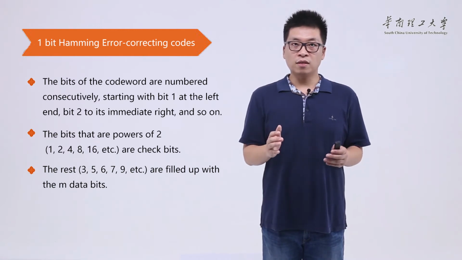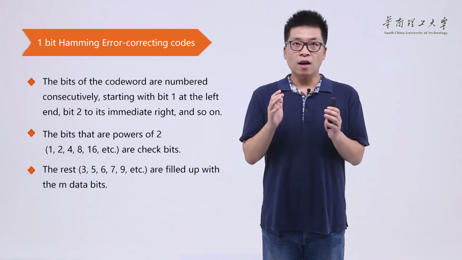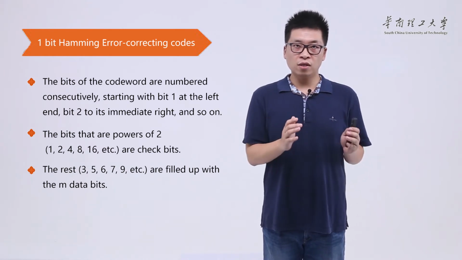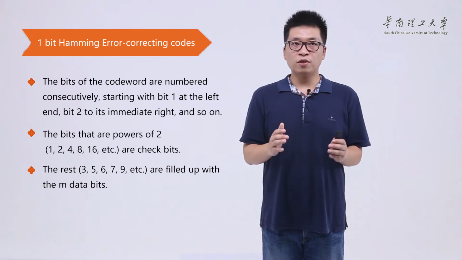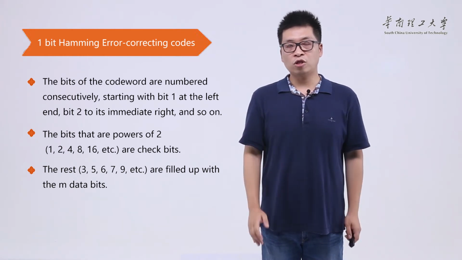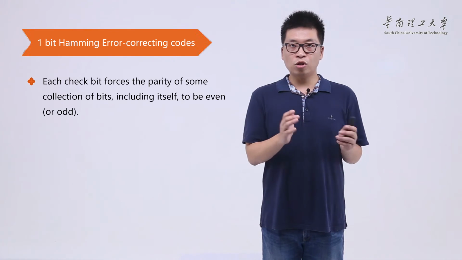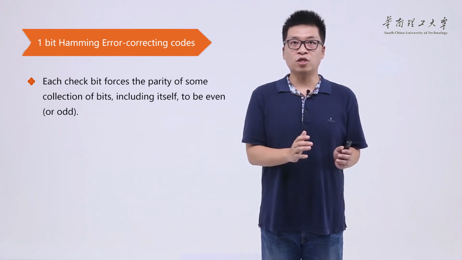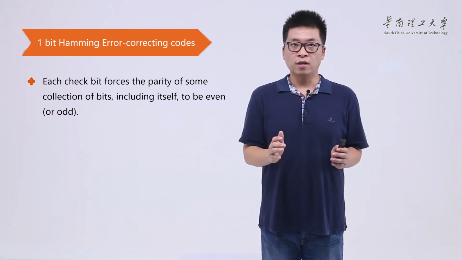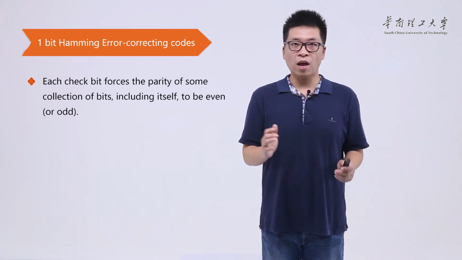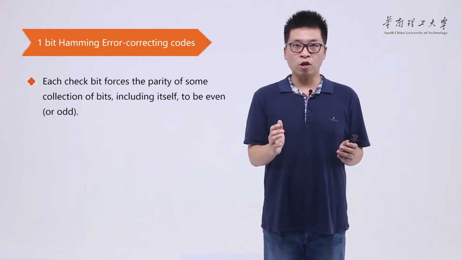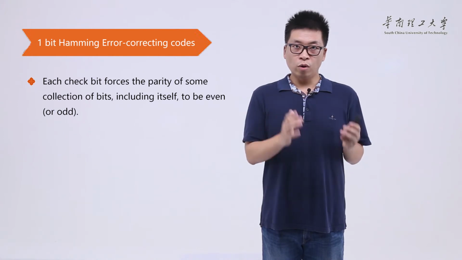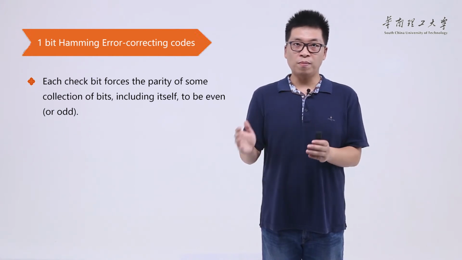After we figure out which are message bits and which are check bits, we need to think about how we specify the value of all these check bits. Each check bit enforces the parity check of some collection of bits, including itself, depending on whether you use even parity or odd parity. So the question is, which bits make up the collection?